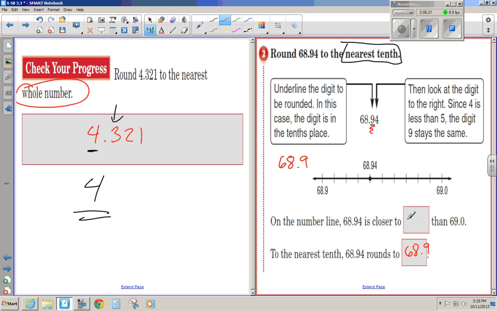It's closer to 68.9 than it is to 69.0, because here's the center point, and so it's closer to the left. The 4 is less than 5.